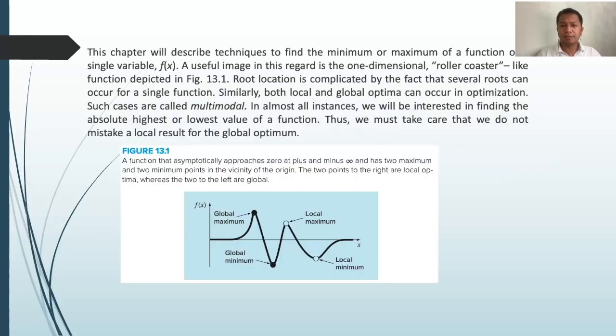So let's start. Before we start with the golden section search, just to give you a heads up, this chapter will describe the technique for finding the minimum or maximum of a function of a single variable f of x.